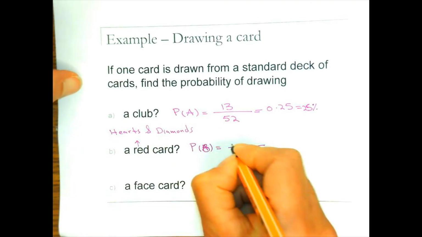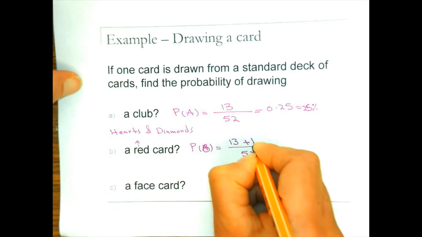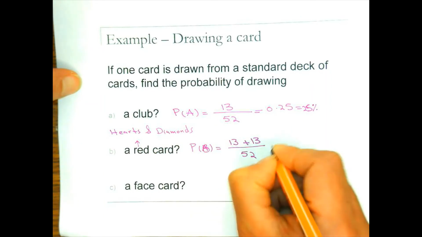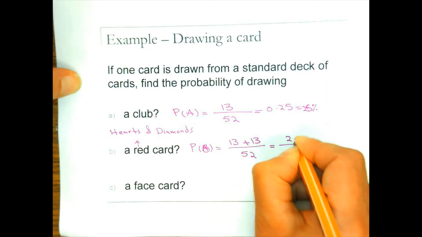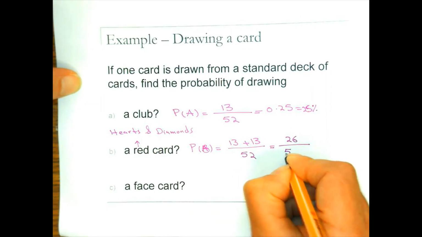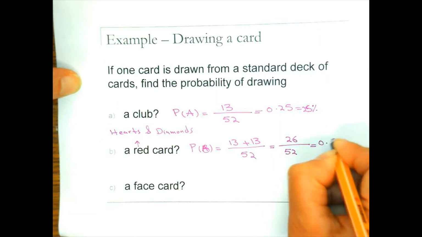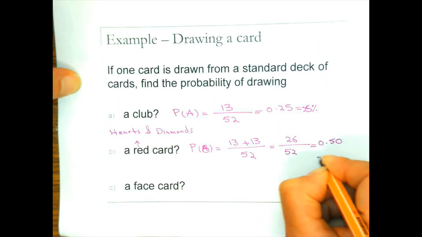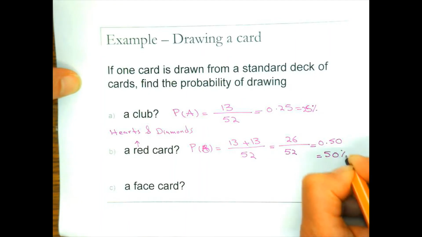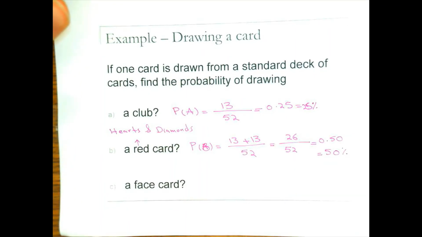We have 13 hearts and we have 13 diamonds. So 26 divided by 52, which is 50%. Half the deck is red. So you should have been able to guess that.